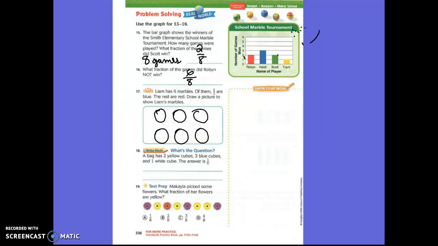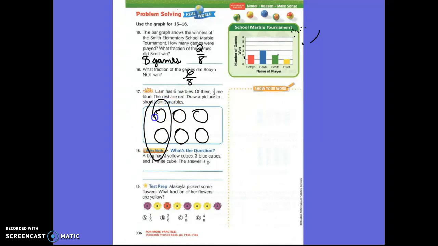Now, boys and girls, if it was 1/3, what does that mean we're doing? We have to put these into groups. Because if you were counting these marbles, you would say 1/6 because there's 6 marbles. But this says 1/3. That means we have to put these 6 marbles into 3 groups. So how am I going to do that? I would circle how many of these marbles? 3. How many of these marbles?